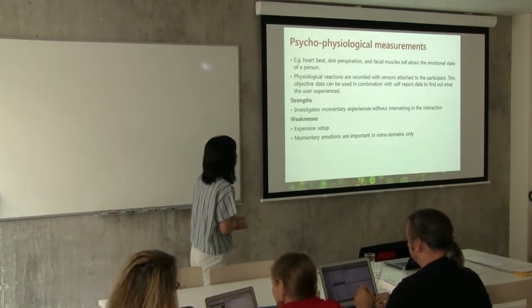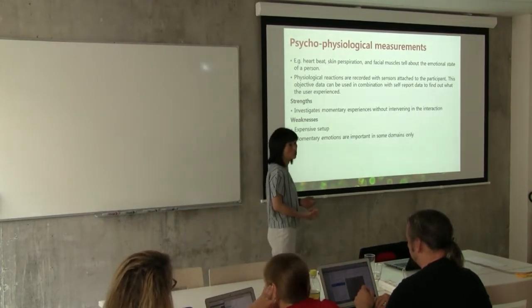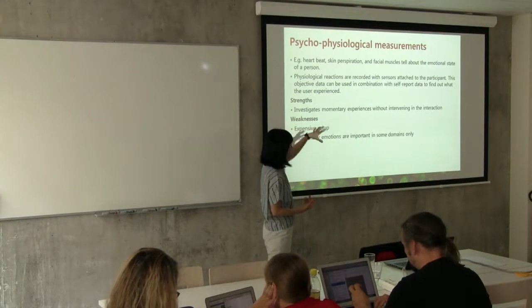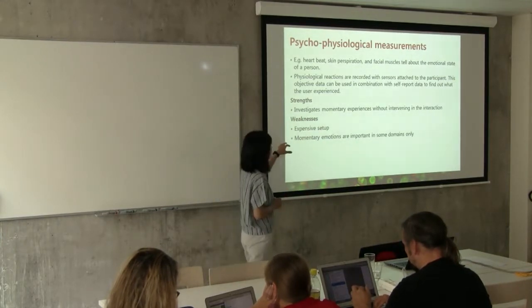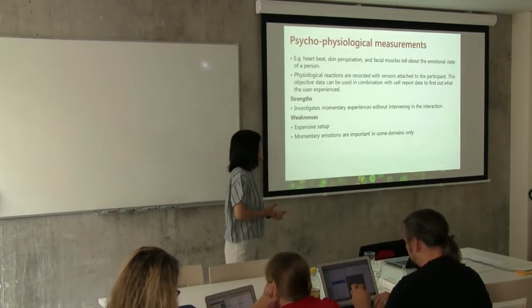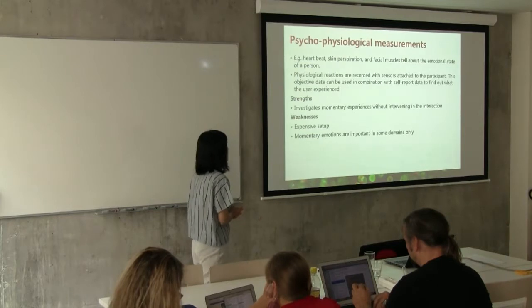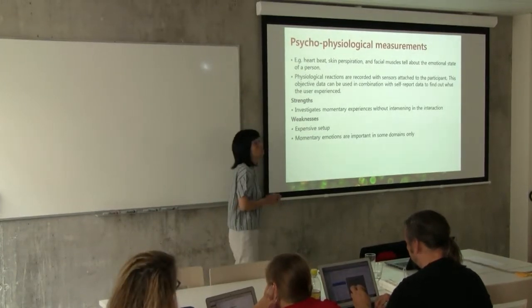So the psychophysiological measurement can enable you to do momentary experience measurement and is also maybe more objective, but it is an expensive setup and you need the equipment. Although it's getting cheaper and cheaper, another question is whether they are really accurate, or how to calibrate.